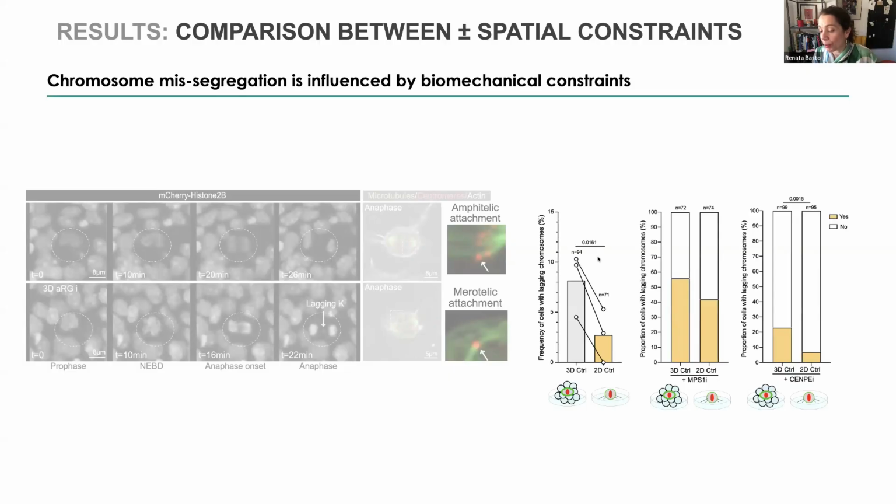If we now challenge mitosis with a spindle assembly checkpoint MPS1 inhibitor, or with a CENP-E inhibitor, CENP-E being a kinesin required for chromosome congression, you will see that this is exactly the same, suggesting that indeed being in a 3D environment with a lot of neighbors makes these cells less capable of segregating chromosomes accurately.